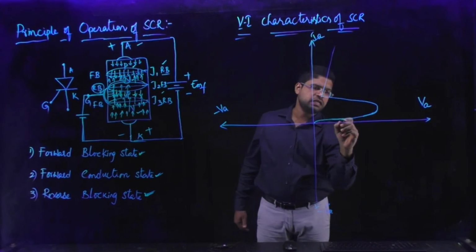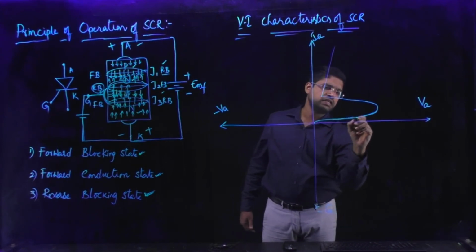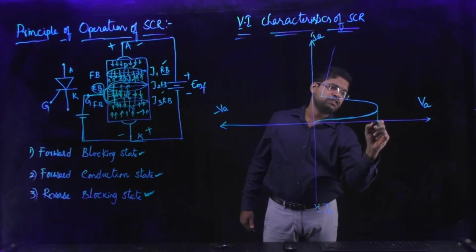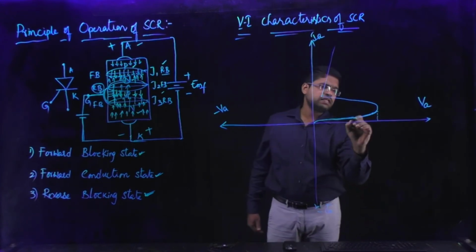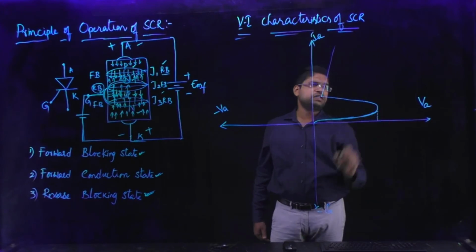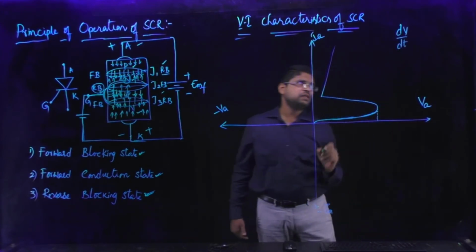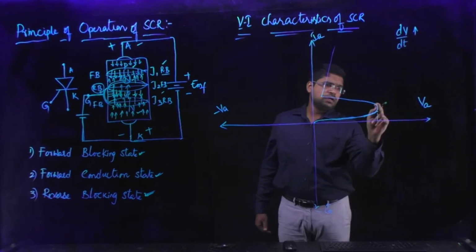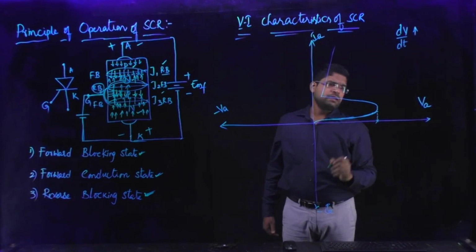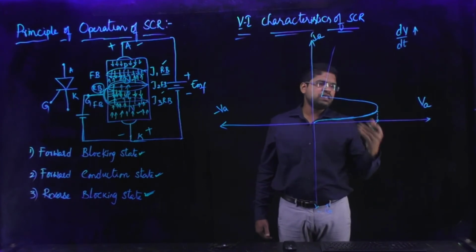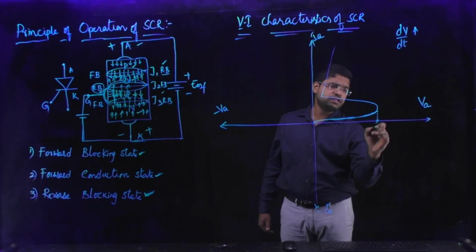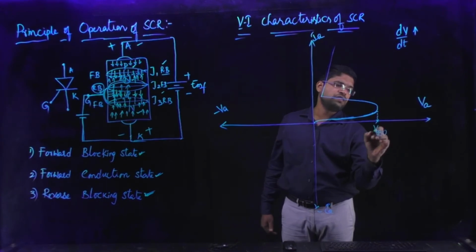It is increased to the instant where avalanche breakdown occurs. As I keep increasing the voltage across the device, that is, dV/dt increases, at one instant the depletion layer vanishes. The voltage at which the depletion layer vanishes is called the forward breakover voltage, VFBO.